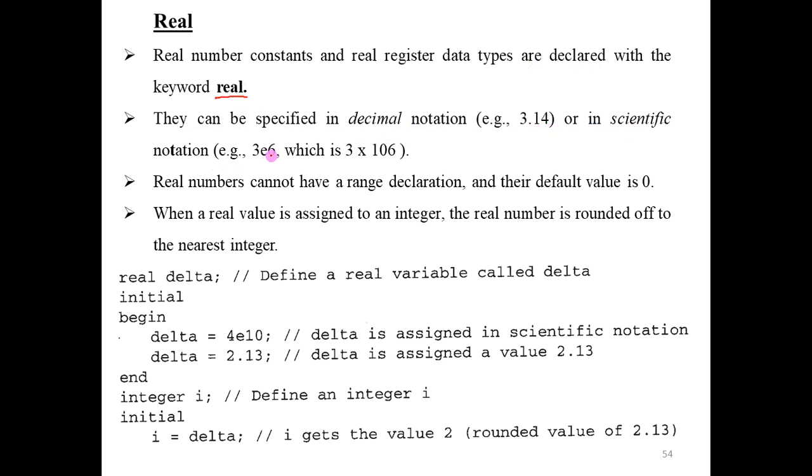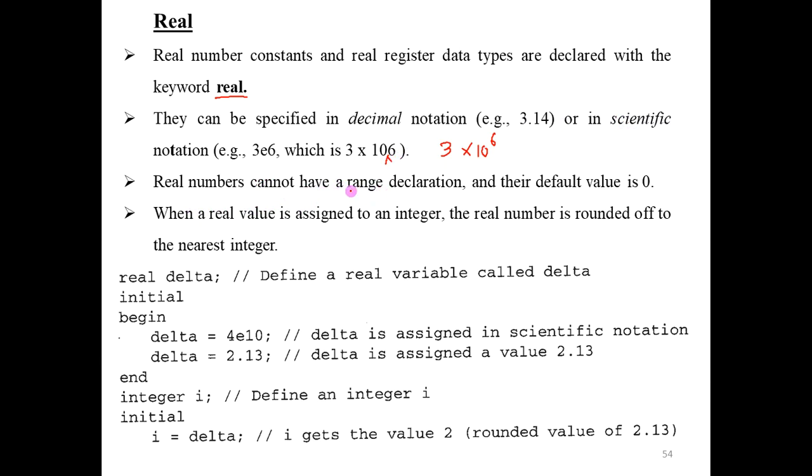Scientific notation is 3e6, meaning 3 into 10 raised to 6. So if you write 3e6 for initialization, it's called scientific notation. That's perfectly valid. To define bigger numbers, we normally use the real data type.